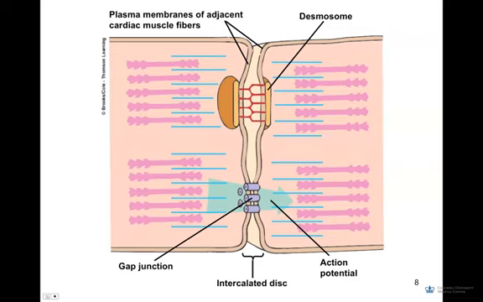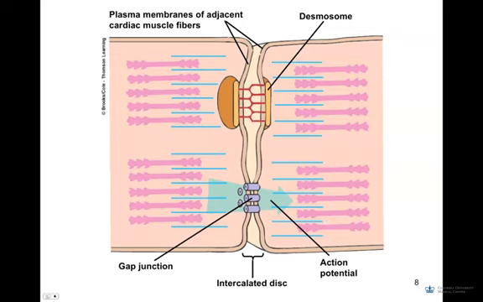So the purpose of these intercalated discs is that it allows these cardiac muscle cells to be physically anchored and also to be electrically coupled. When an action potential is triggered and a muscle contraction is triggered in one cardiac muscle cell, it rapidly spreads to the next.